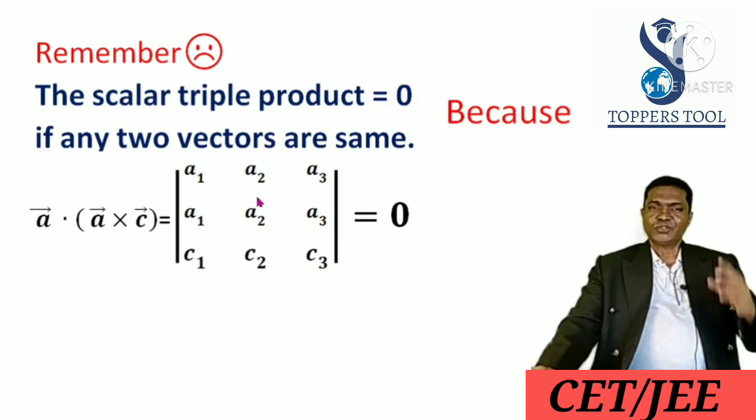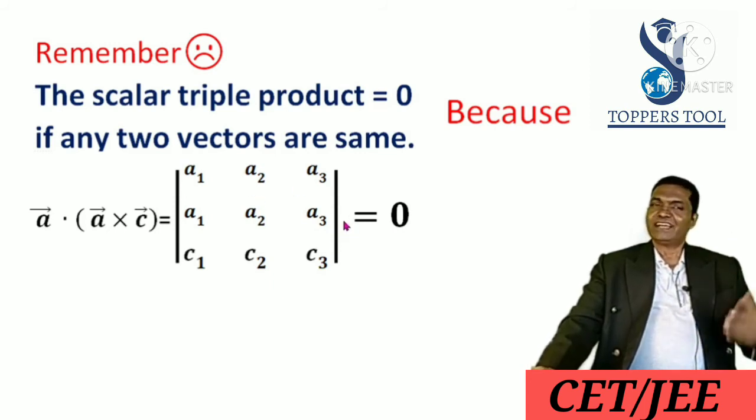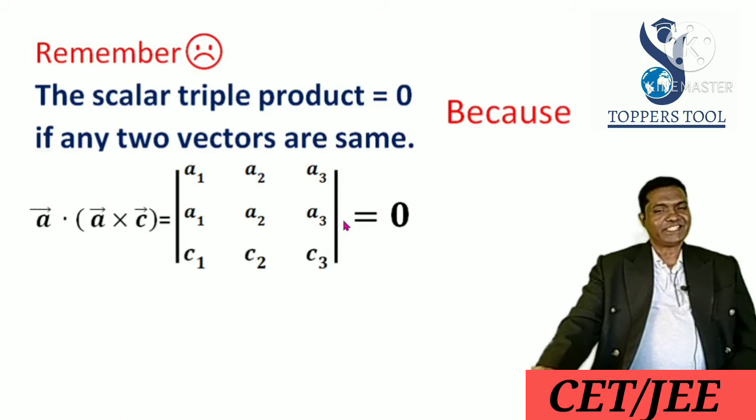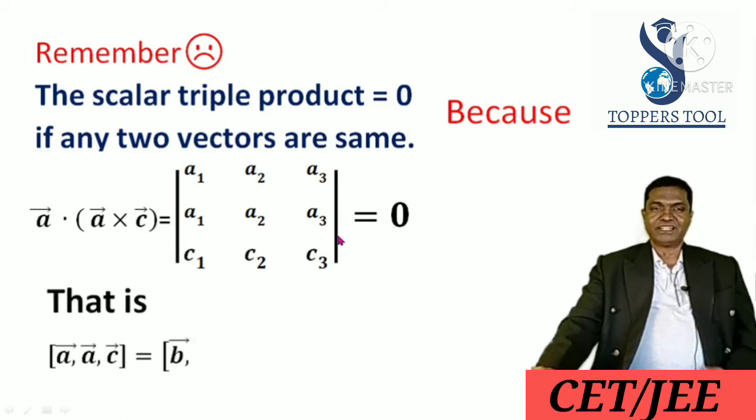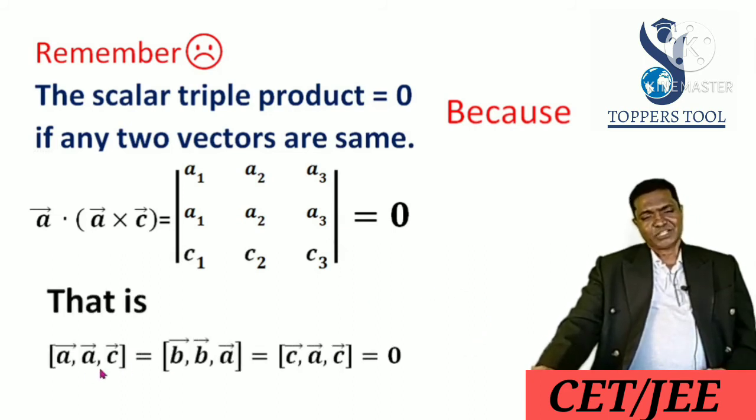The reason is two rows will be identical and the determinant value is 0. Let's understand this. Look at this. The scalar triple product of this is going to be 0. In all the cases there are two identical vectors irrespective of the order.